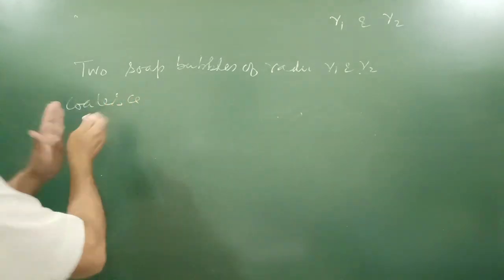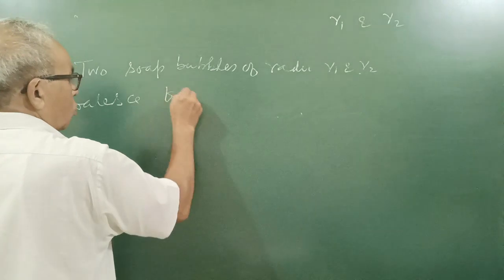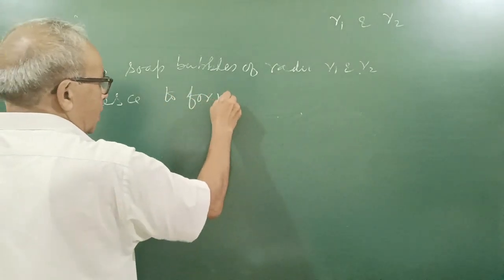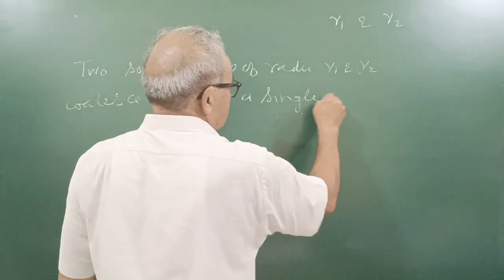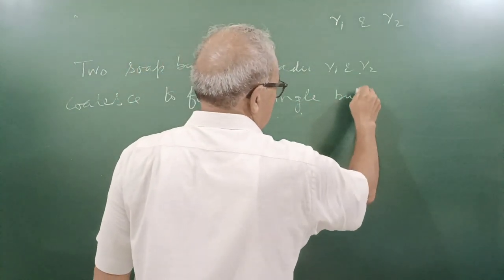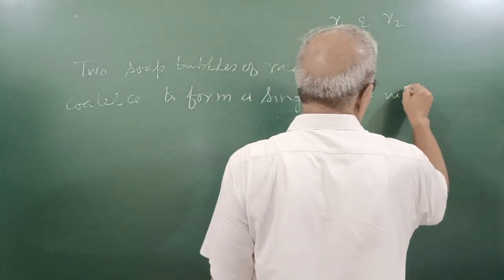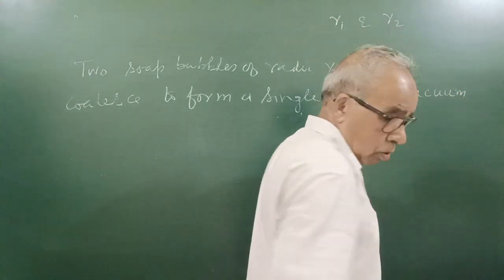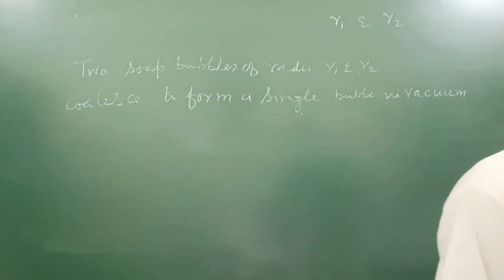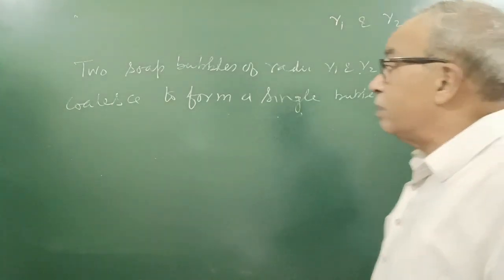Coalesce means they become one. They coalesce to form a single bubble of radius R in vacuum. Then what will be R?